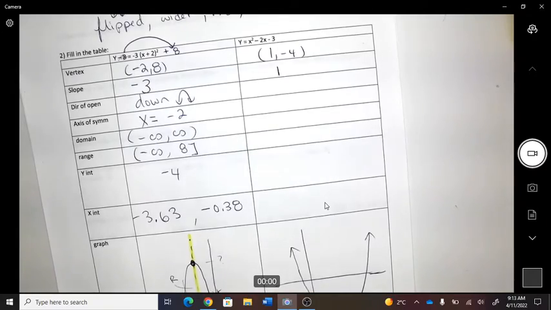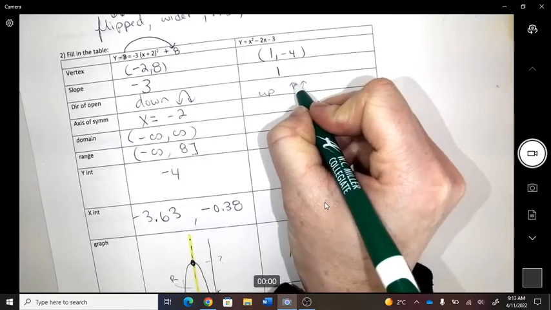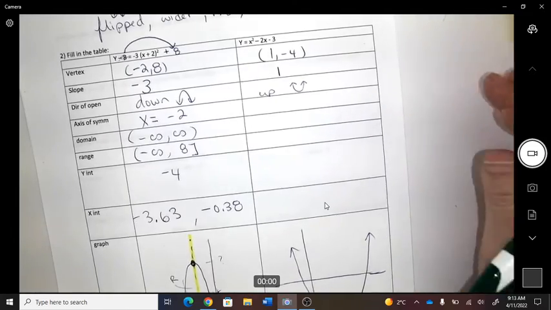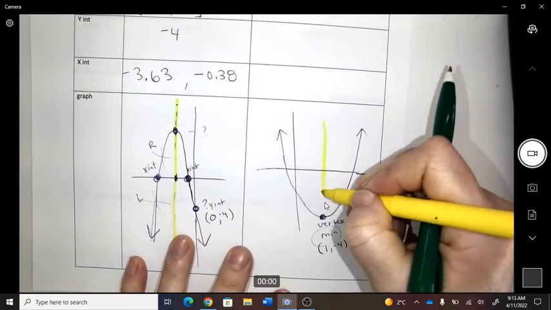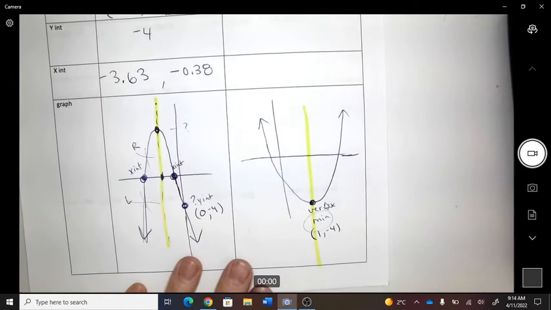And if the slope is 1, it should open up. And we can obviously see that from our graph. Axis of symmetry. So what's the equation of this line? So x equals, it's always x equals, and which x value does it cut through? 1. It cuts through the 1.